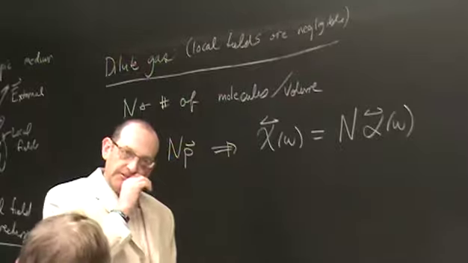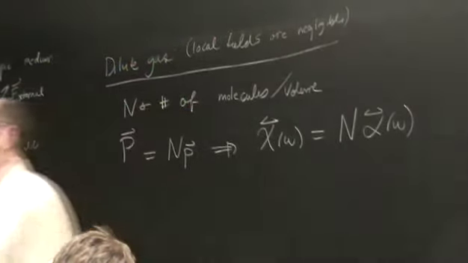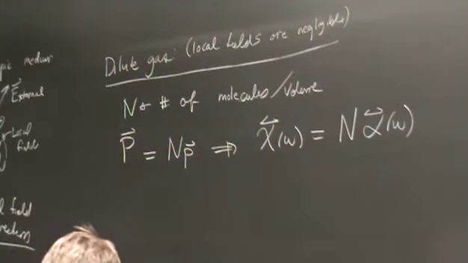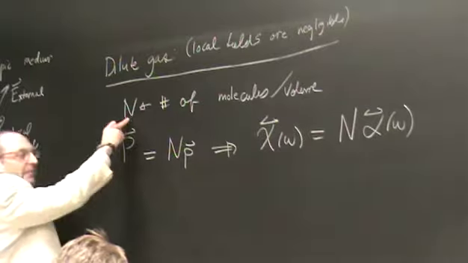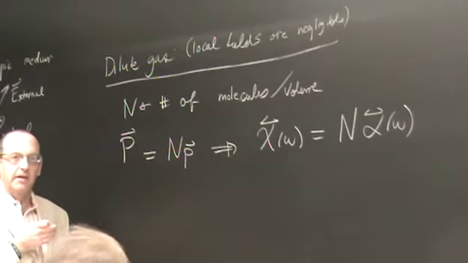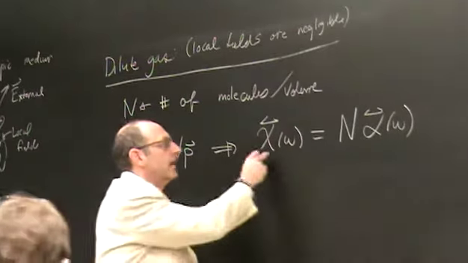Quick question. What are the units of alpha? Well, what's the units of n, the way I defined it? 1 over volume. Okay? And so, what are the units of chi?